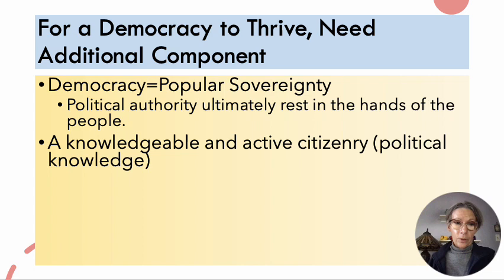And so your textbook talks about how when you have a democracy where the authority ultimately rests with the people, you really need to have a citizenry that is both knowledgeable and active. In other words, we need to have political knowledge that is the basis for our political action, okay?